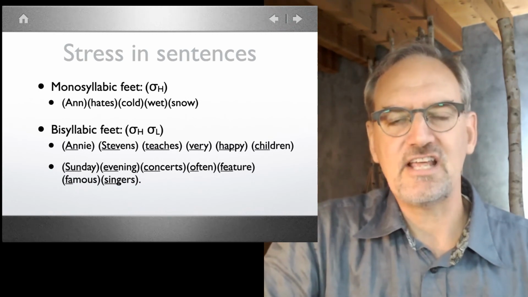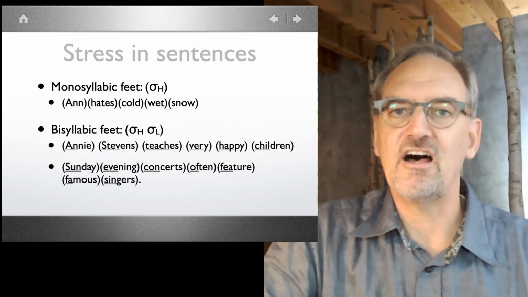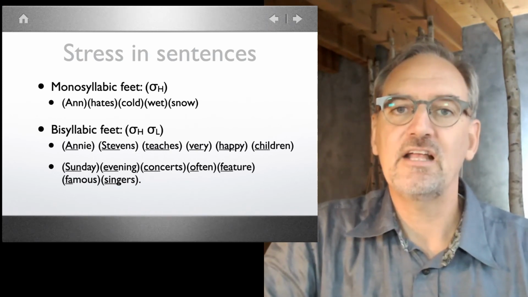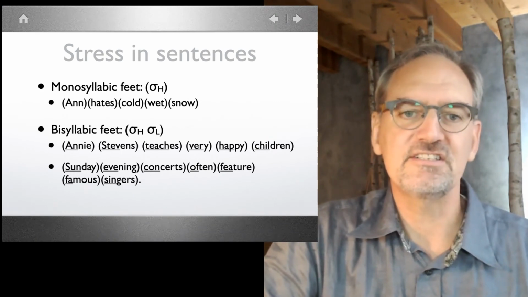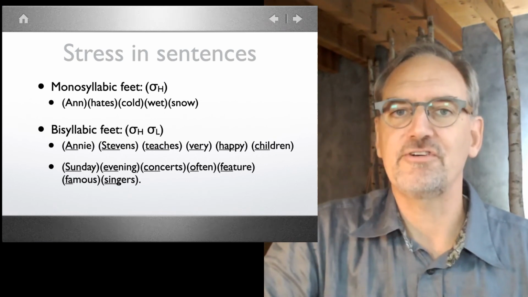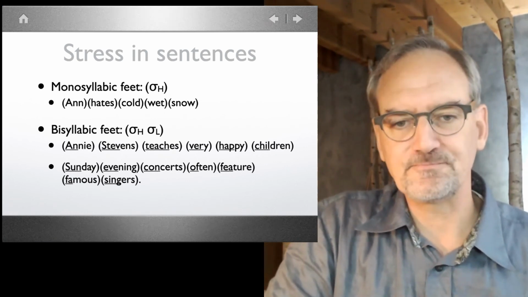The rhythm of the sentence will be determined by the sequences of bisyllabic or monosyllabic feet. And so the rhythm of the first sentence, Anne hates cold, wet snow, is quite different from the others because it has a different foot structure.